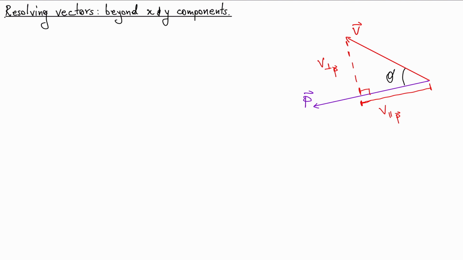Cosine of what in this case? It's the cosine of this angle, theta. So let's write down what cosine of theta is going to be. It's going to be the adjacent side, which is V parallel P, divided by the magnitude of V bar, because the magnitude of V bar is our hypotenuse. And let's make this the subject of this formula. We find that V parallel P bar is nothing more than V bar cosine of theta.